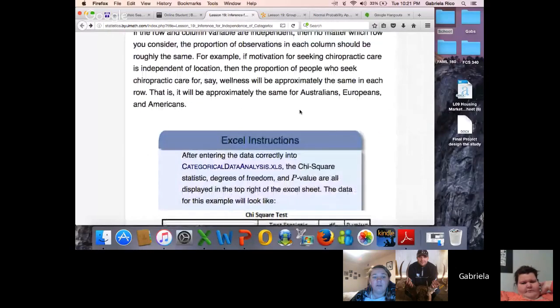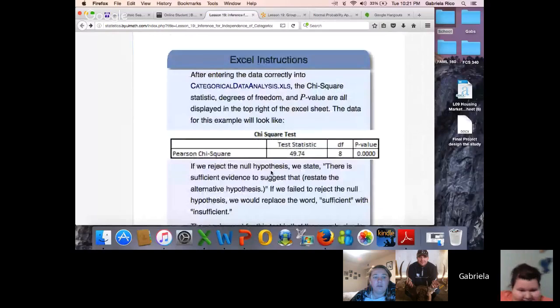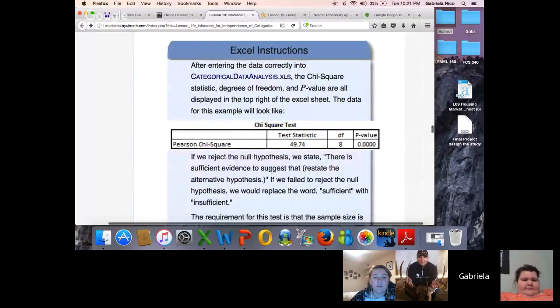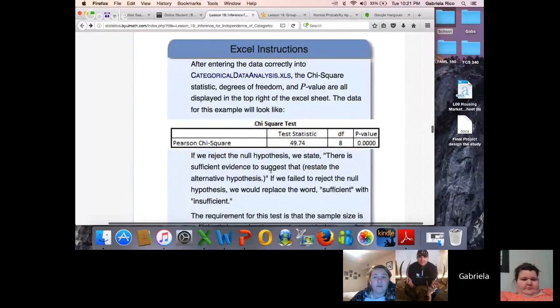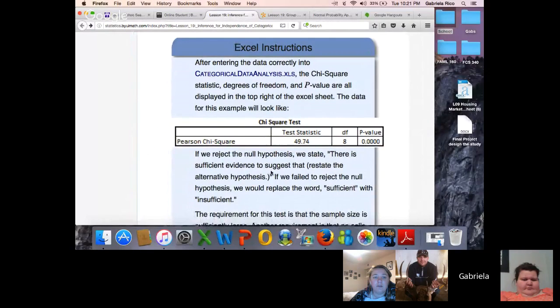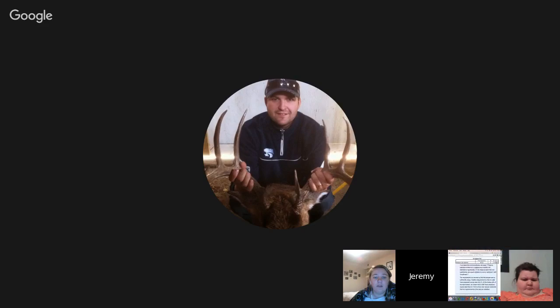I guess I got the teacher's book. Just kidding. And then there's more Excel instructions underneath it. After entering the data correctly, the chi-square statistic, degrees of freedom. Huh. That is weird.